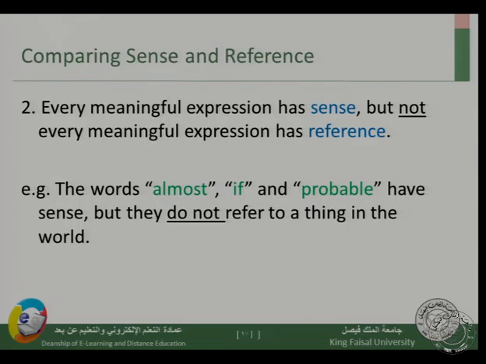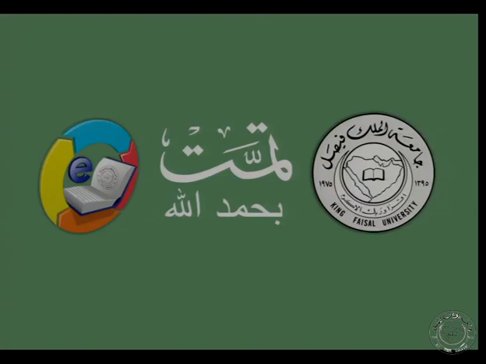So every meaningful expression has sense, but not every meaningful expression has reference. This is something important to keep in mind. Like the examples that we have here, almost, if, probable, they have sense, but they do not refer to a thing in the world.